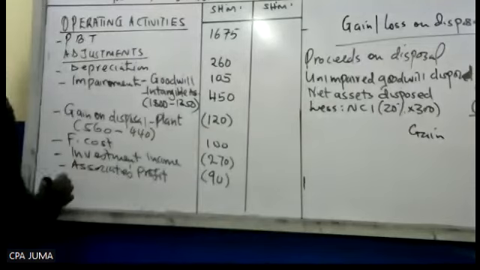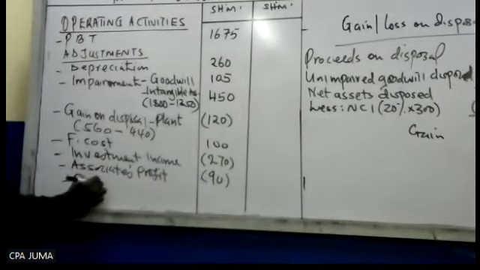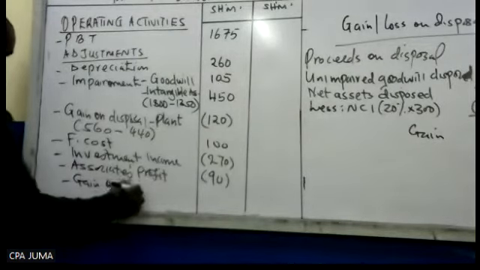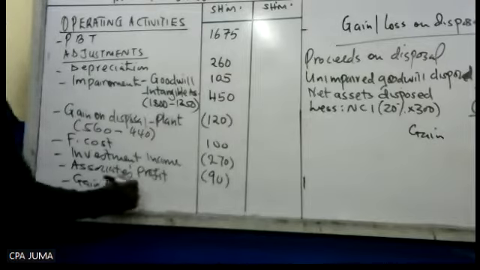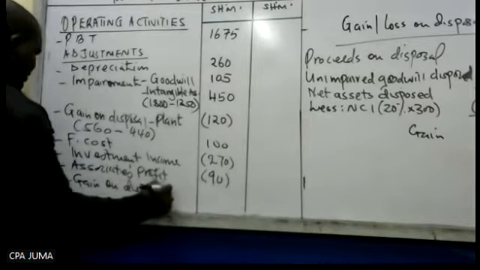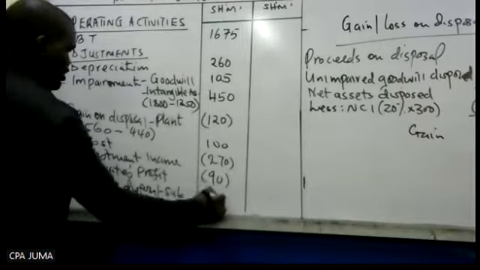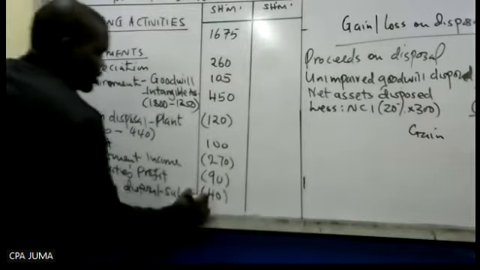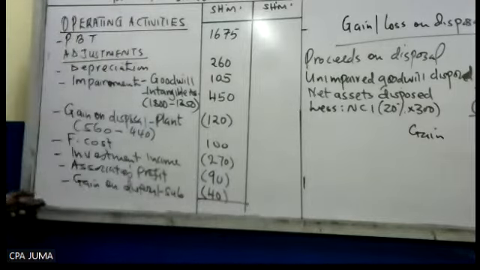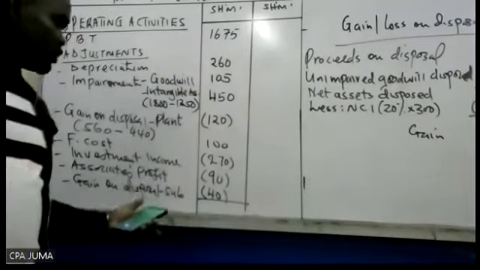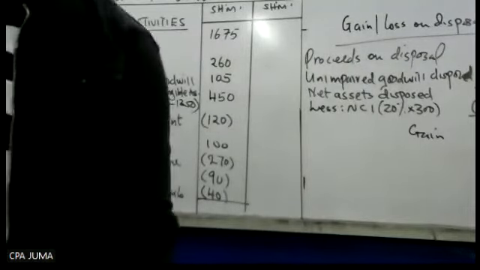So you come and say gain on disposal of subsidiary 40. Can you give me now what you call cash flow before working capital changes?